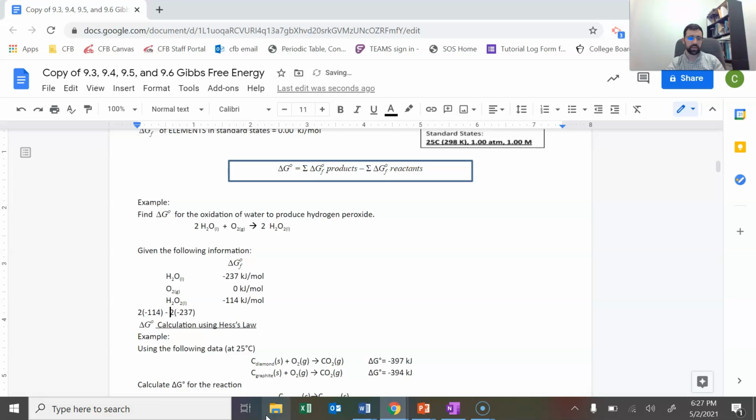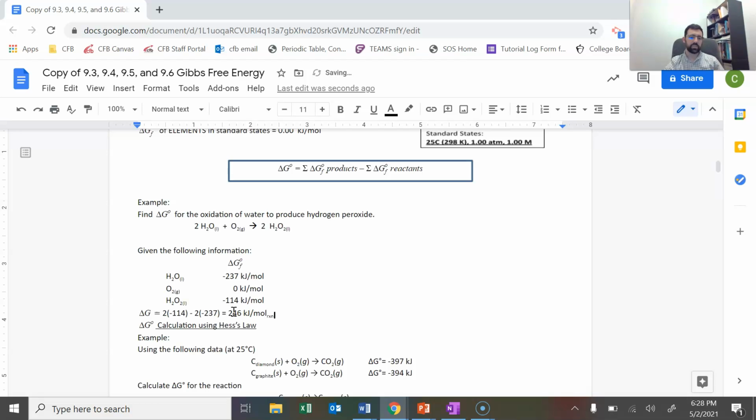So it's just delta G equals 2 times negative 114 minus 2 times negative 237, and just plug that into your calculator to find out what you get. I get a positive 246 kilojoules per mole of reaction.